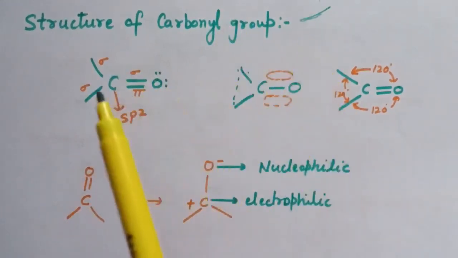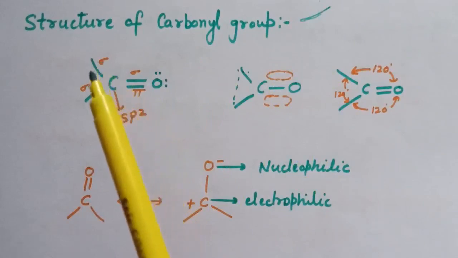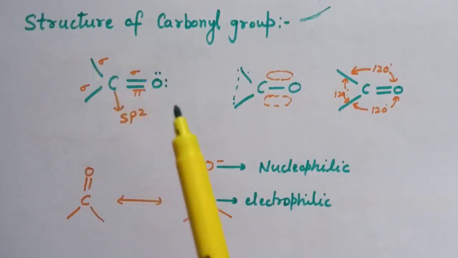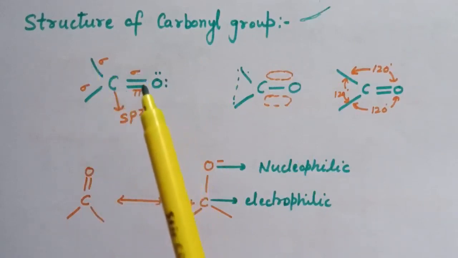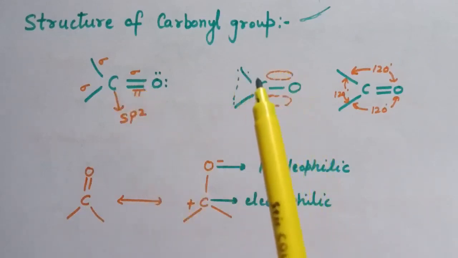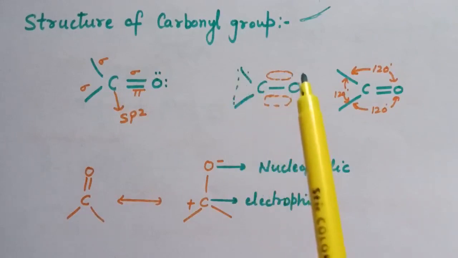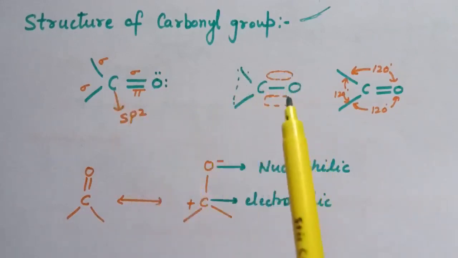In carbonyl group, the carbonyl carbon atom is sp2 hybridized and it forms 3 sigma bonds and 1 pi bond. The pi electron cloud lies above and below this plane, and these atoms lie in one plane.